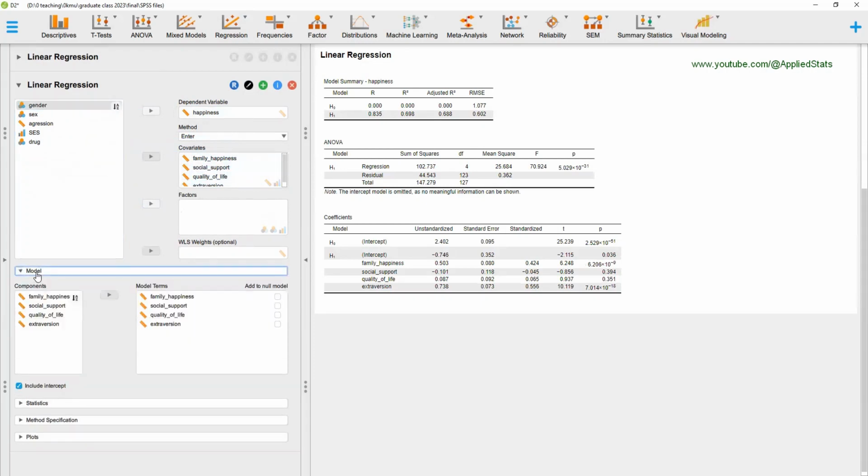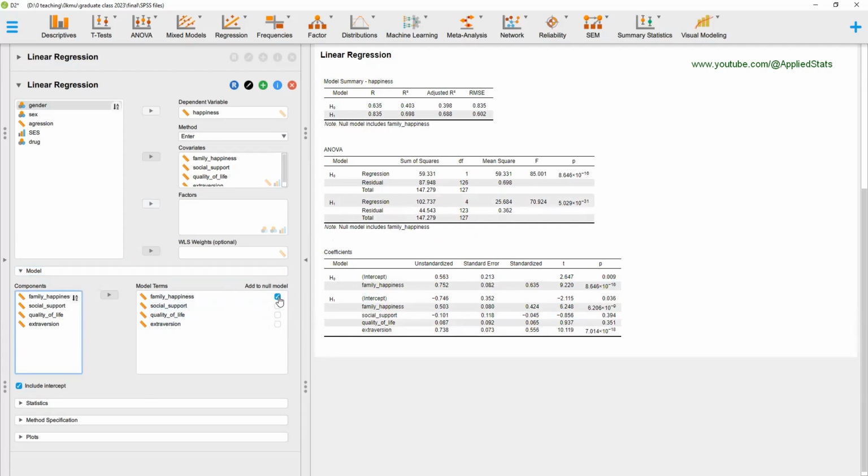But when you click on model, you see all of your variables in this box. And here, click on the variable or variables that are related to your first block. We have only one variable in our first block, family happiness. So I tick this variable here.